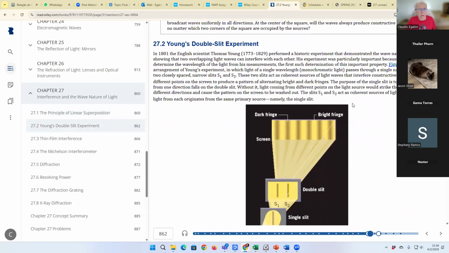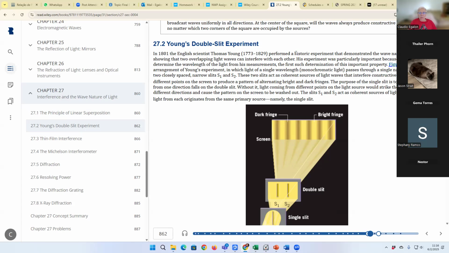Okay, and now we are going to talk about Young's double slit experiment. Like I said, it is a classical experiment. Very important. Historically, it's very important. It was performed in 1801, in the first year of the 19th century, by Thomas Young.